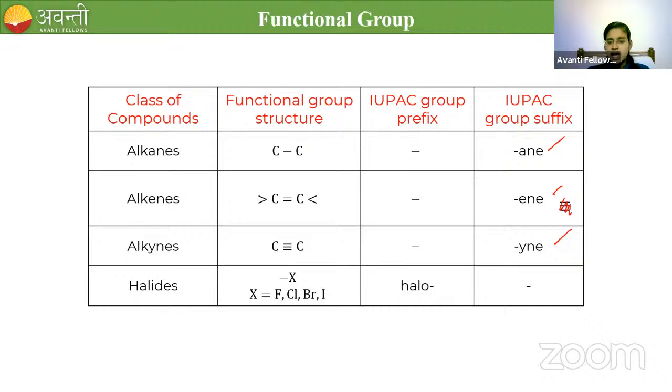These are called halo. If I am having a fluorine containing compound, then you have to use fluoro. Fluoro, chloro, bromo, iodo. So these are the prefixes that you have to follow. Clear? So this is the priority order with the prefix and suffix for different functional groups.